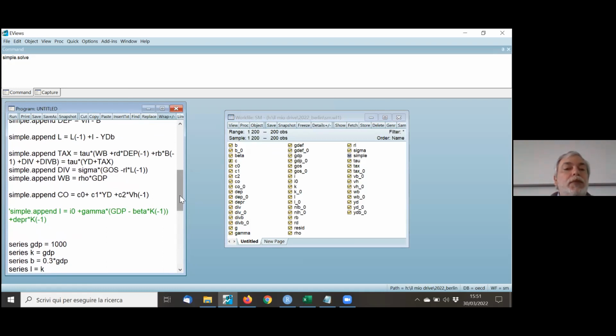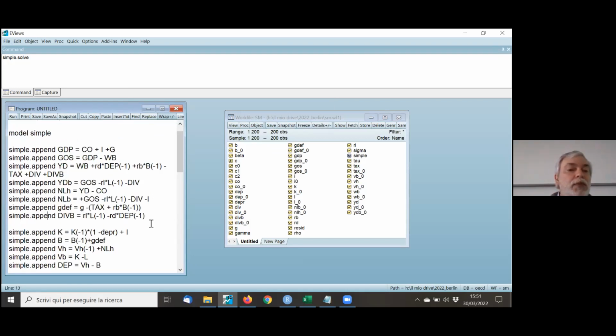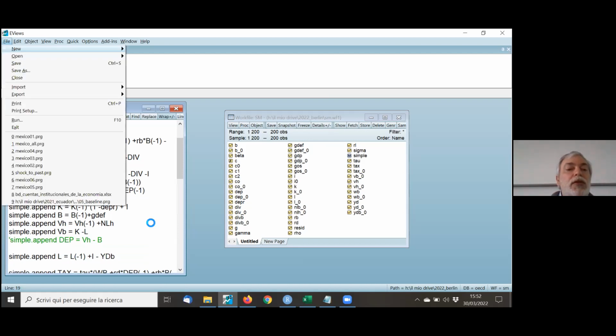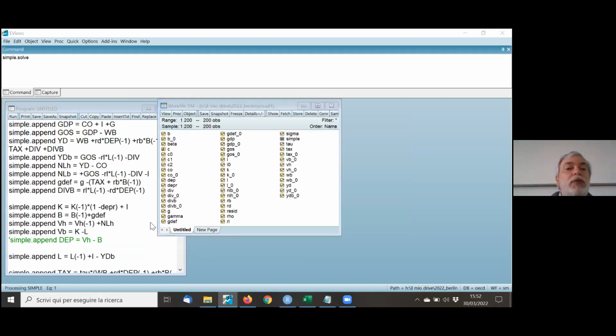And what we've done is to define B, actually deposits being given by wealth minus bonds. So let's see if now this works.